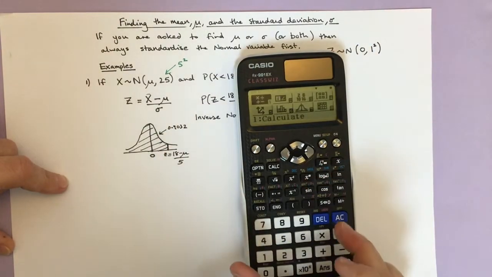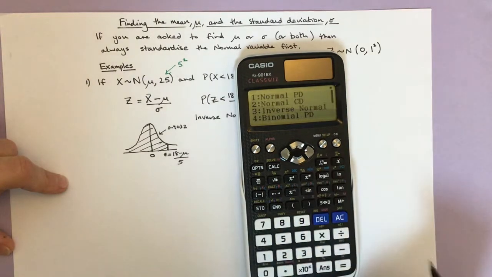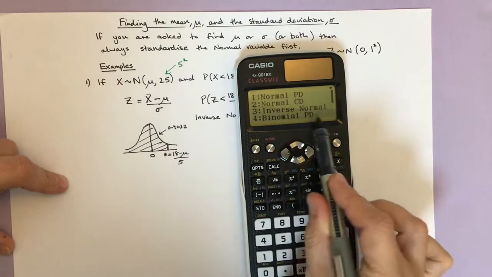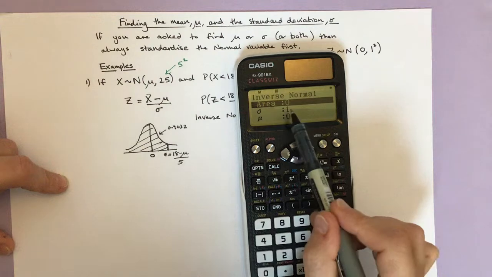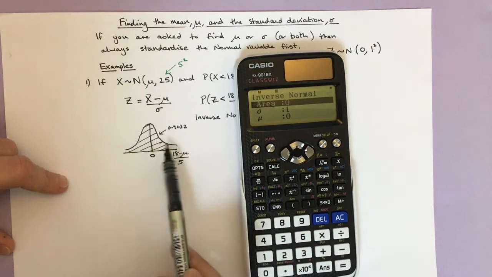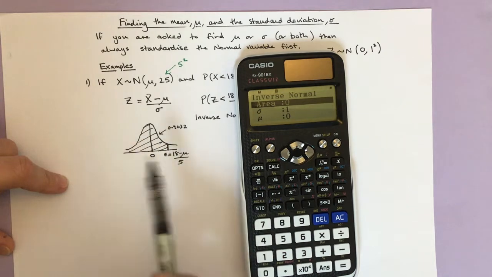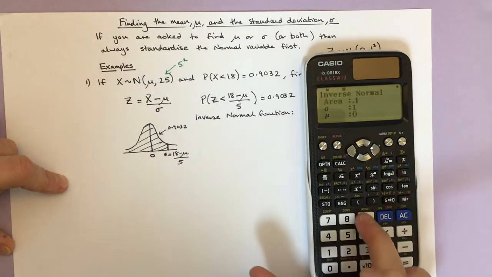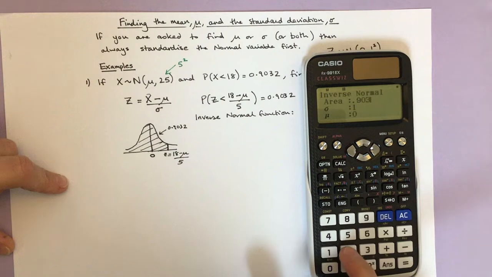So let's do this on our calculators. So we're going to go to setup, 7 to get our normal. I want my inverse normal function, and the area is the probability of being less than. So it's always this sort of cumulative area down to the left-hand side. So that, in this question, is 0.9032.